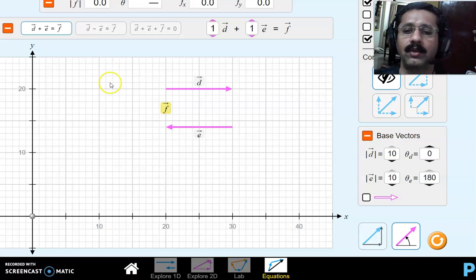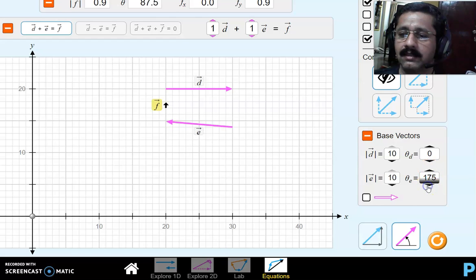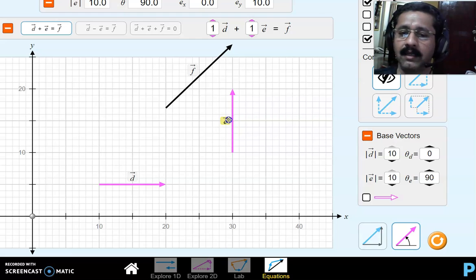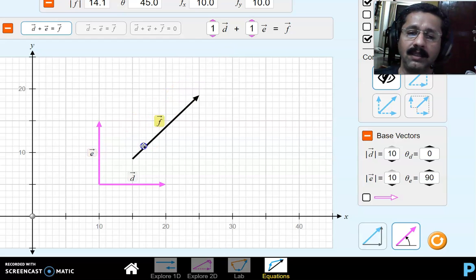This thing can also be verified using simulations. If D and E are equal in magnitude, I would take them equal in magnitude but at 90 degrees to each other. So vector D is here and vector E is here, both 10 and 10 in magnitude. Wherever you consider them to be, this is supposed to be your addition.